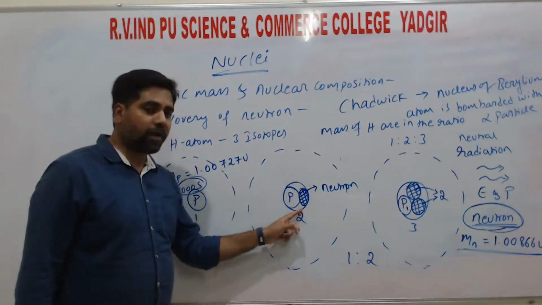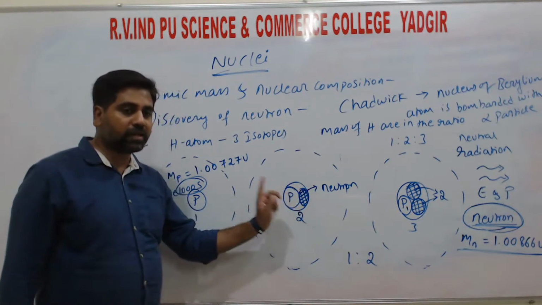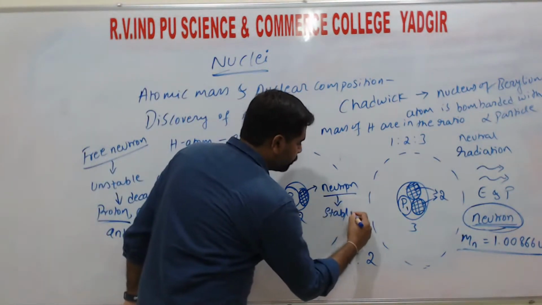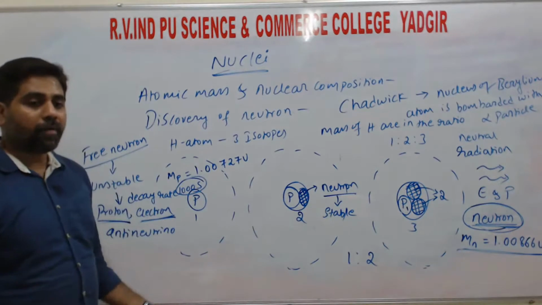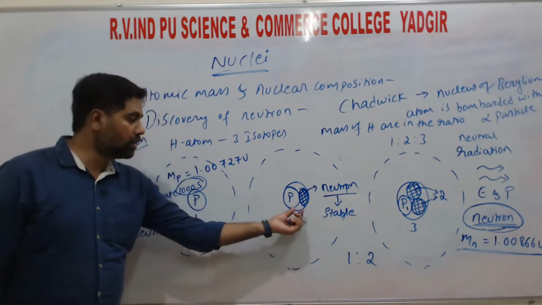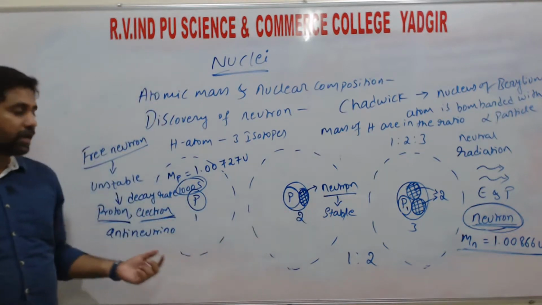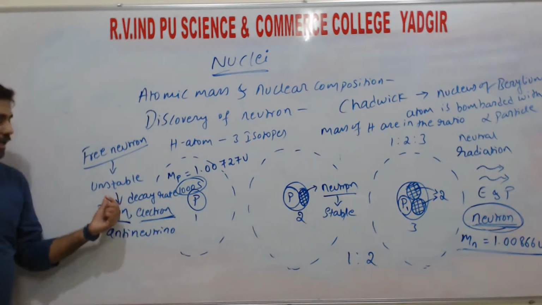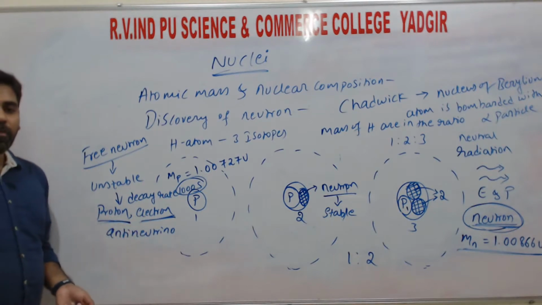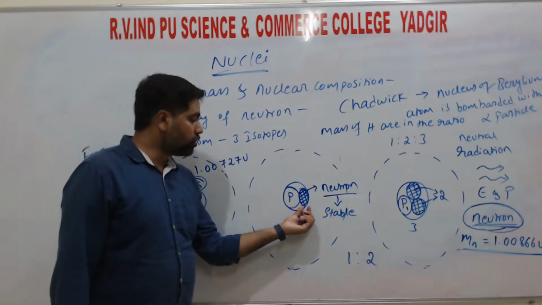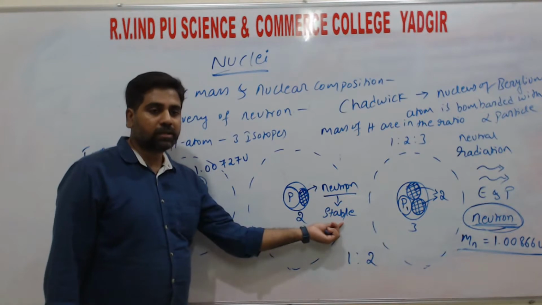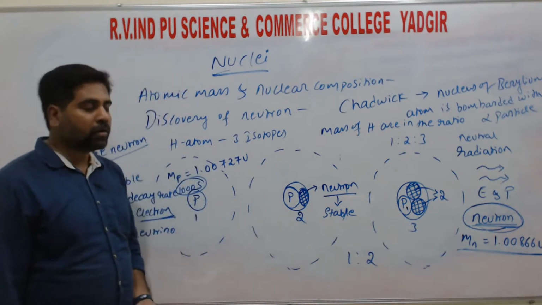Understand this: as long as the neutron is present inside the nucleus, the neutron is stable. When the neutron comes out of the nucleus, we call it a free neutron, and it is unstable in nature and decays into a proton, an electron, and an anti-neutrino.